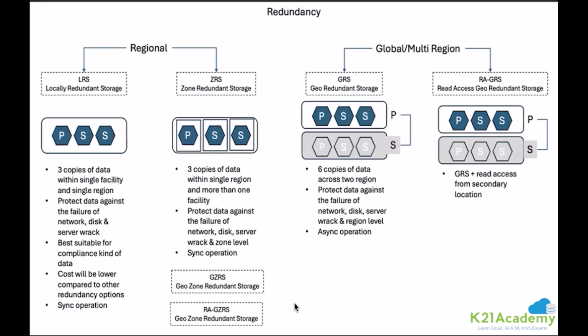The advantage here is that it will include one copy of data going outside of that region. So in case the whole region goes down, you still have an option to restore your data back into your primary location, or you can access your data from the secondary location, and that way you can perform your read and write operations throughout this storage.